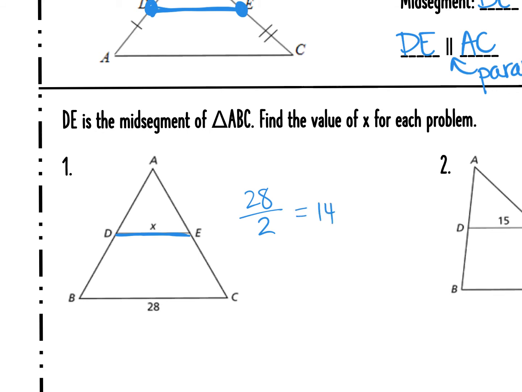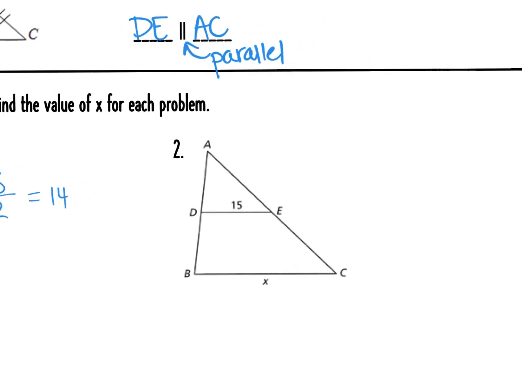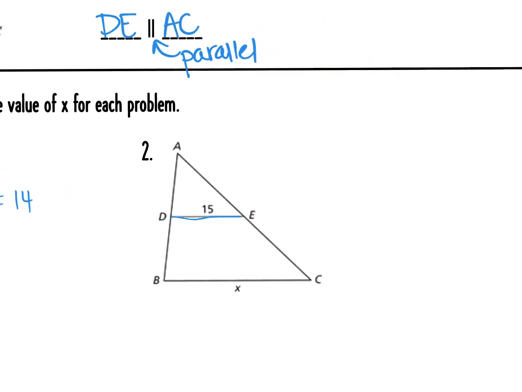And that is going to give us 14. So we're saying the midsegment is 14. All right, number two, same kind of thing, but this time we're working backwards because they gave us the midsegment and we're looking for this third side down here. So instead of dividing this time, we want to multiply by 2 because it's getting bigger. So 15 times 2 is 30, and our missing side will be 30.